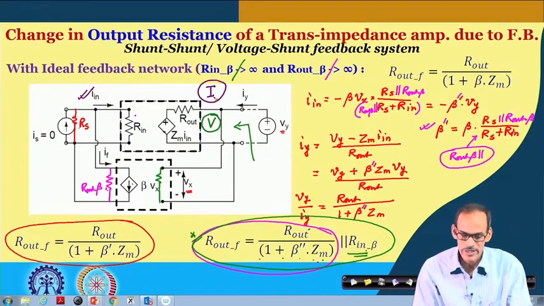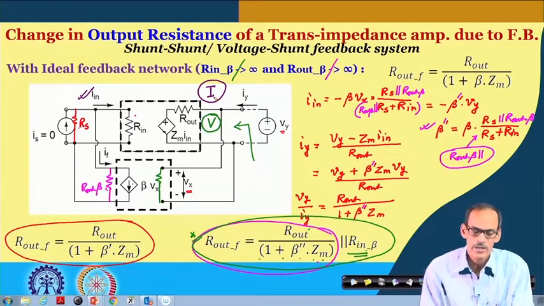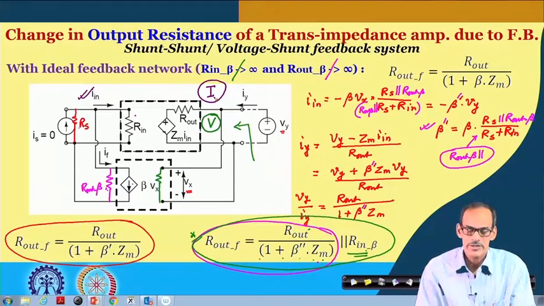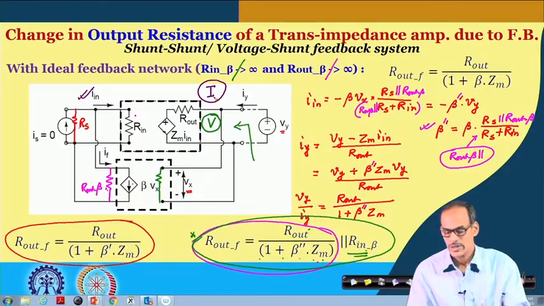So, in the next slide we will be talking about R out F, the output resistance of the feedback circuit for the current amplifier and transconductance amplifier.